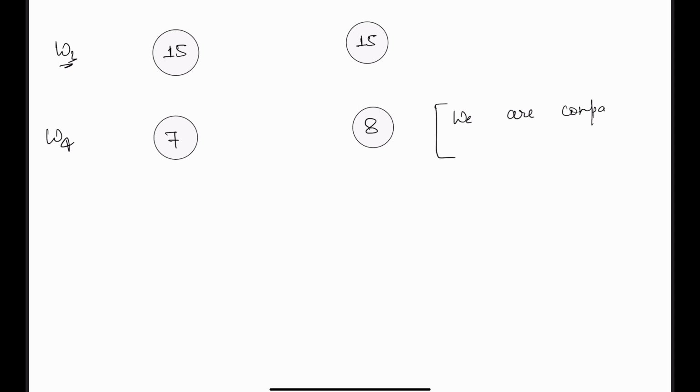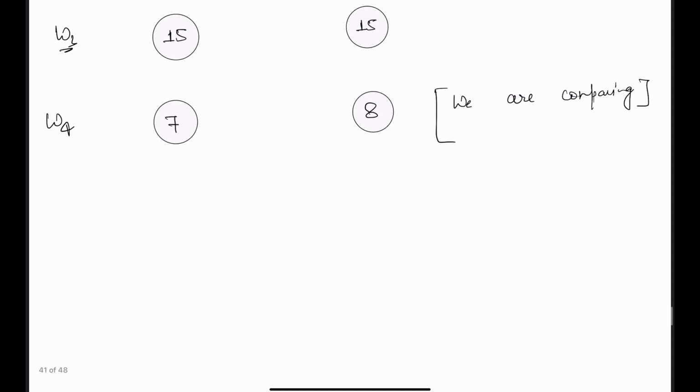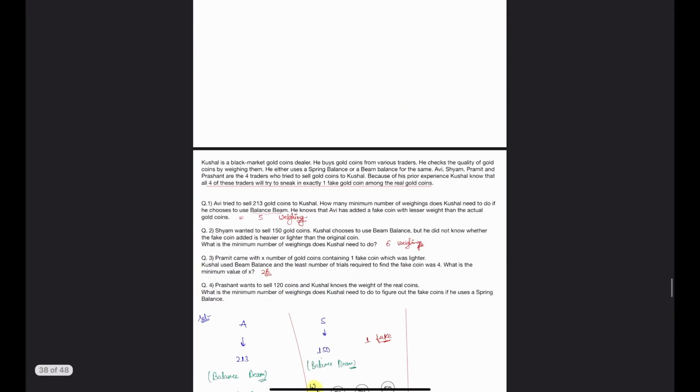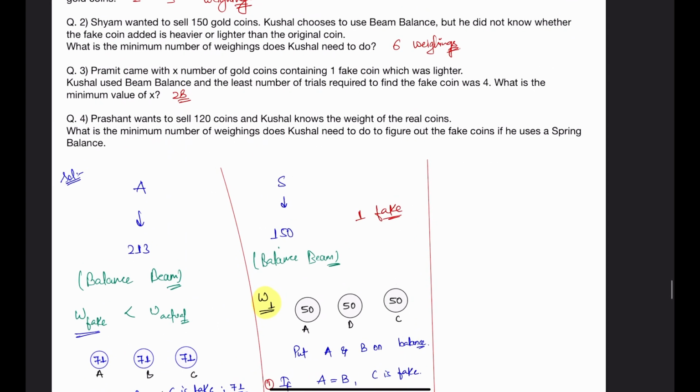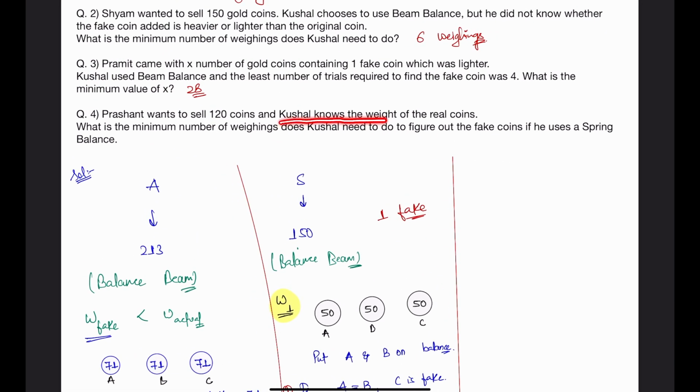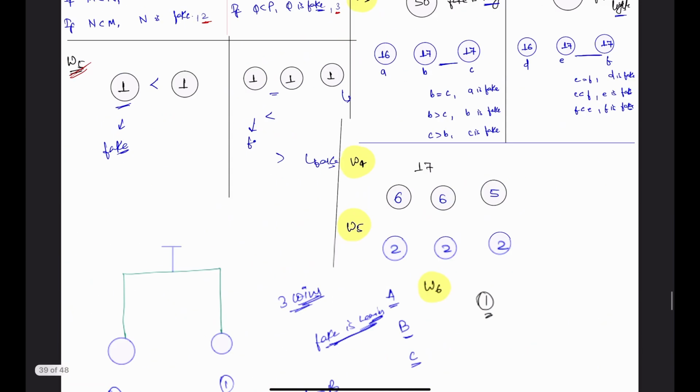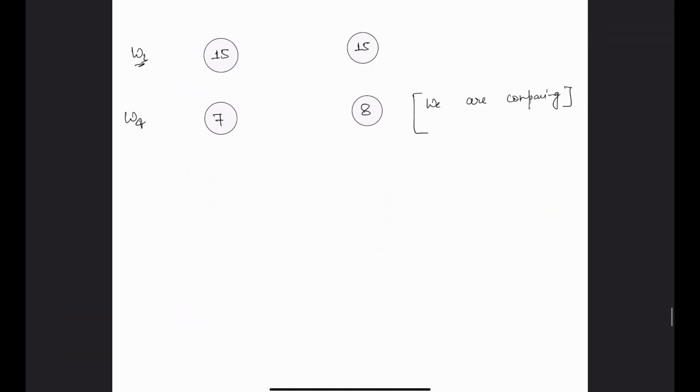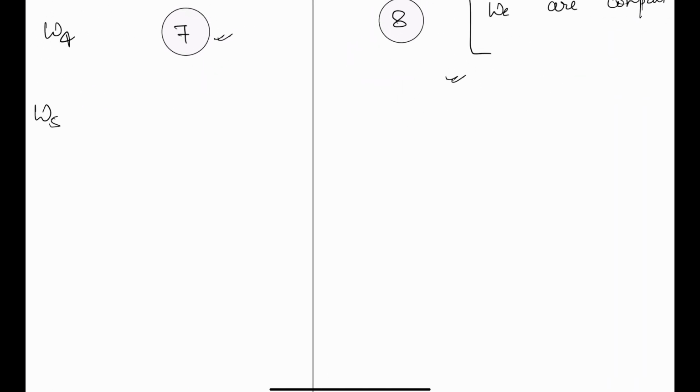And remember, the question already made it clear that Kushal knows the weight of the real coins.